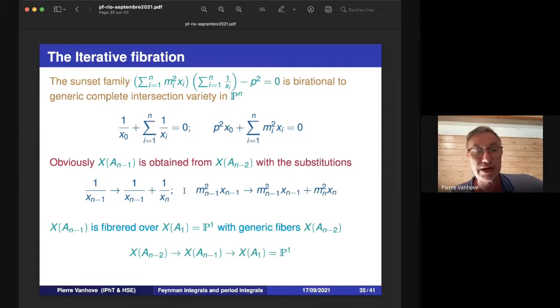You just add an extra variable this way, and you add an extra parameter this way. And geometrically, that means there is a natural fibration, an elliptic fibration. So the family at order n is obtained by an elliptic fibration that involves the family at order n minus 1.